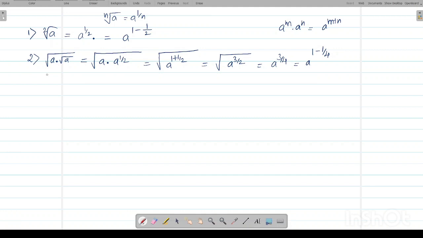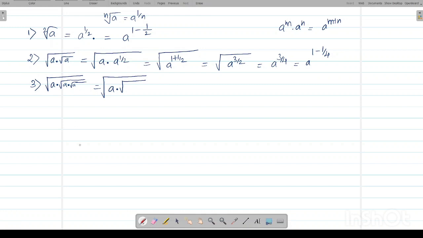Similarly, let me take the third one, which has three terms inside the same root, which is root of a into root of a into root a. Now what we will do, I am writing the outer root as it is and this a as it is, and I am writing this root also as it is, this one.